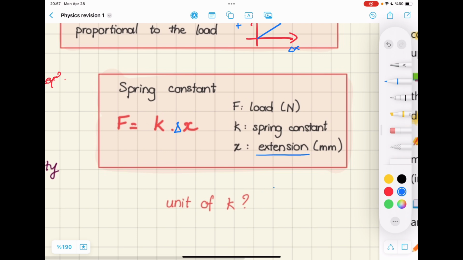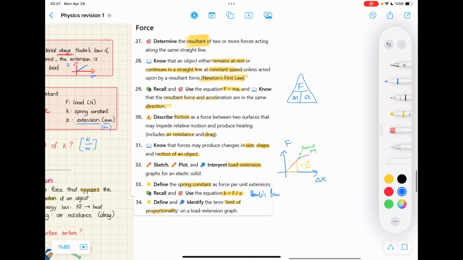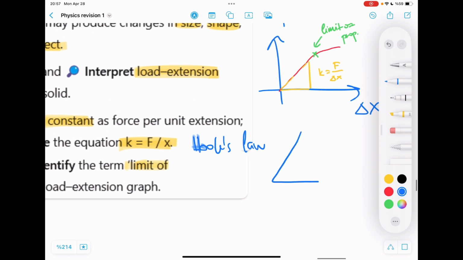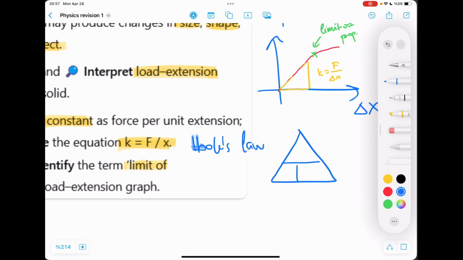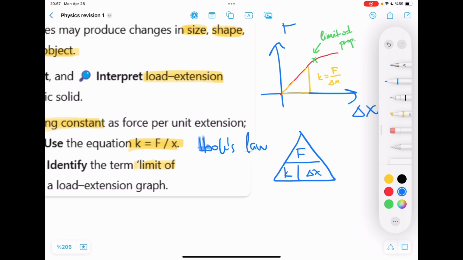Unit of k will be F over x, which will be Newton over meter, usually. It can be millimeter, it can also be meter, whichever. So I would also like to add here a triangle that I forgot previously, which is another triangle, F, k, delta x.